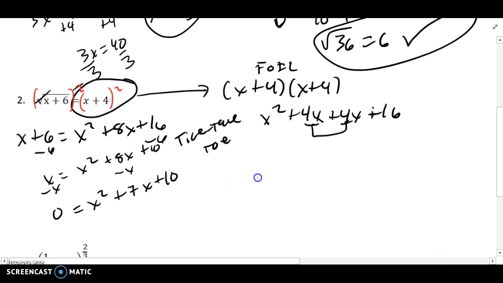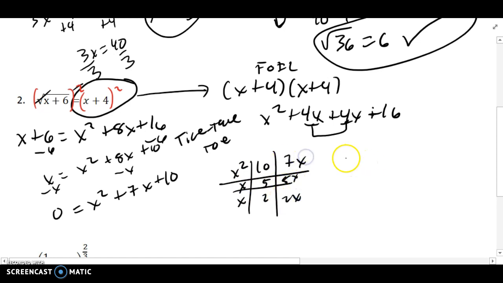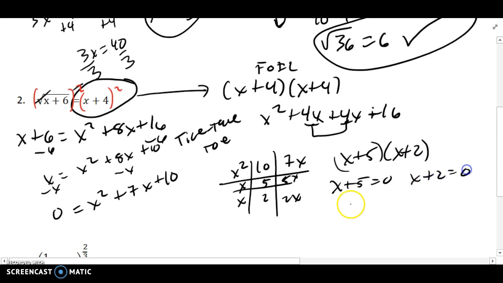So we're going to tic-tac-toe it. Remember I said tic-tac-toe or factoring will never go away? Well, it's true. So we're going to times across, add up. It does work out. So we get x plus 5 and x plus 2. But again, we're solving. So we're going to set these equal to 0 and then solve.